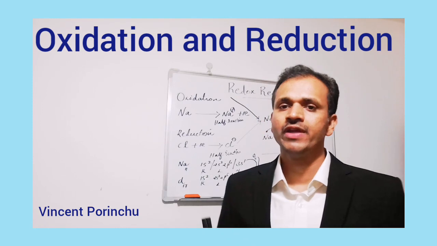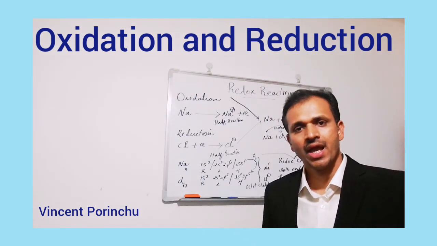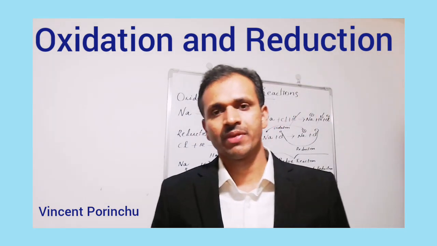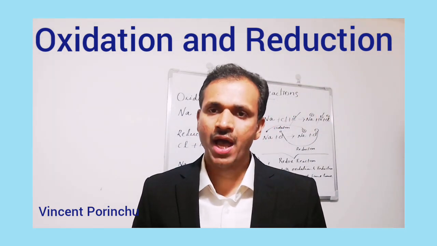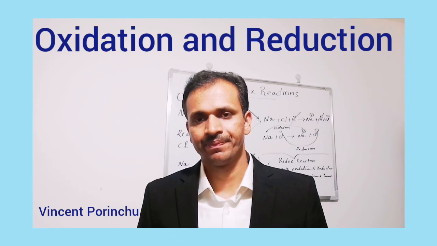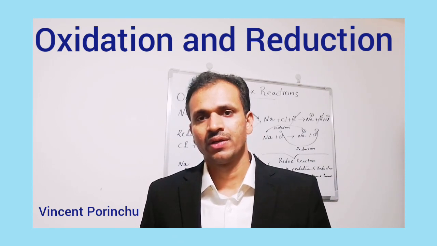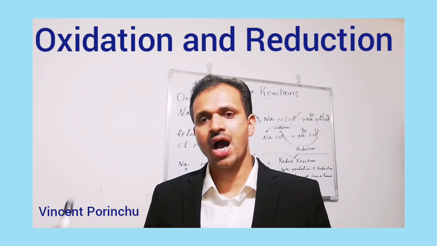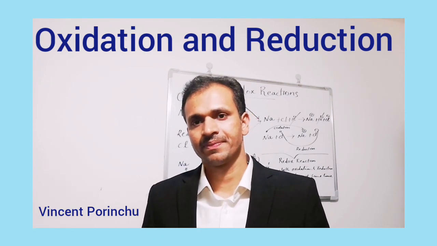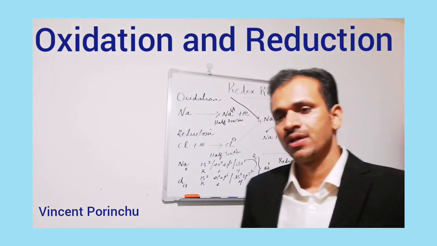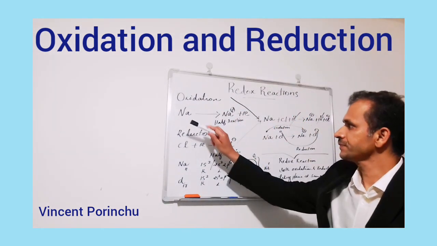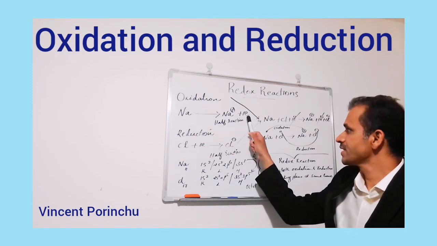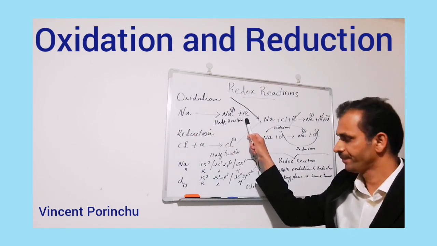Let us discuss an example: sodium chloride formation from a sodium atom and a chlorine atom. We can write that equation in simple half steps. Here, the sodium atom loses its outermost electron.